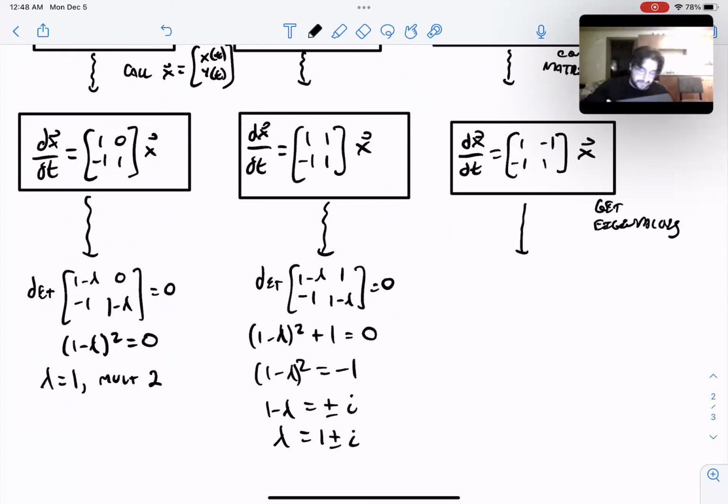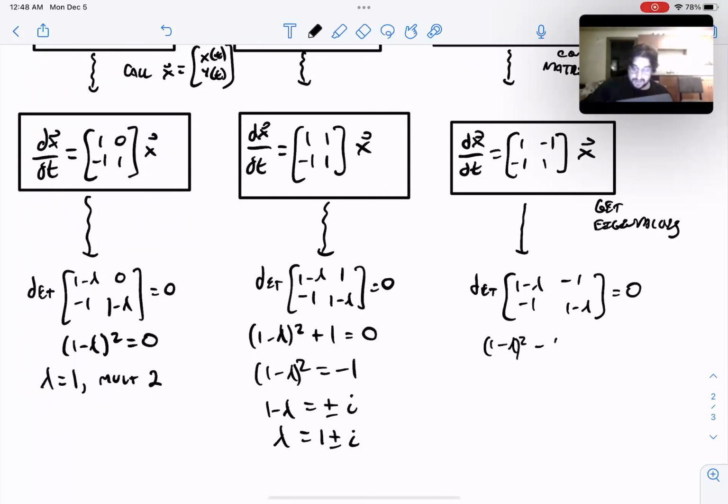This last one, what do I have here? I have (1 minus lambda) squared minus 1. And here, if you FOIL this out, you're going to get 1 in front, but that 1 is going to cancel with this minus 1.